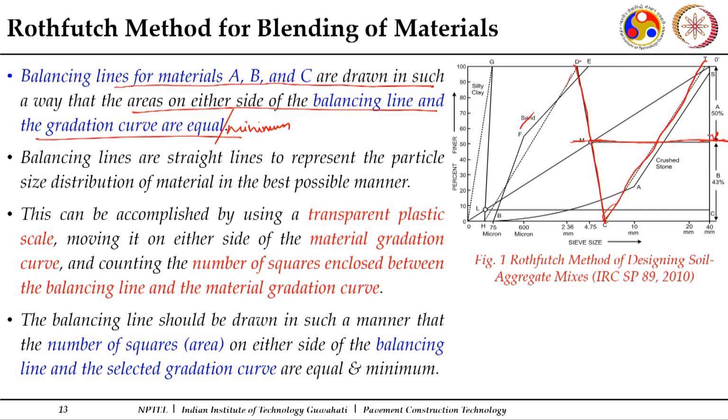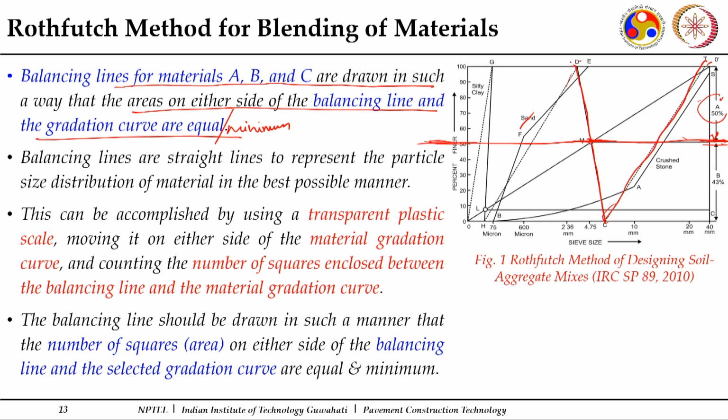The lower point of the balancing line of A is joined with the upper point of the balancing line of B, and where it cuts the diagonal, you will project it on the y axis. When I project it on the y axis, the percentage which I get will be my material A, which is 50%.